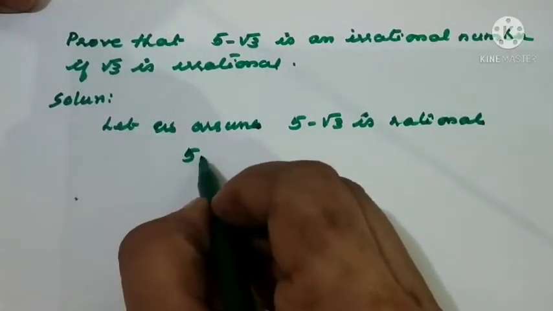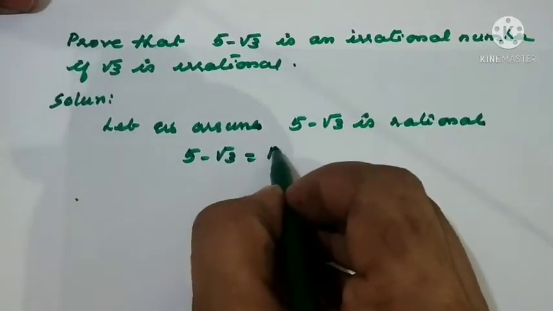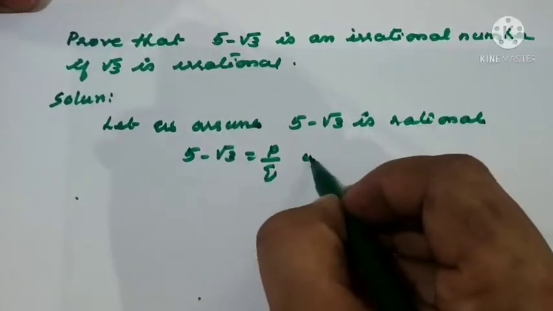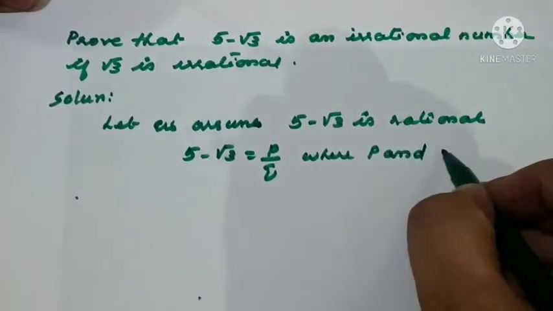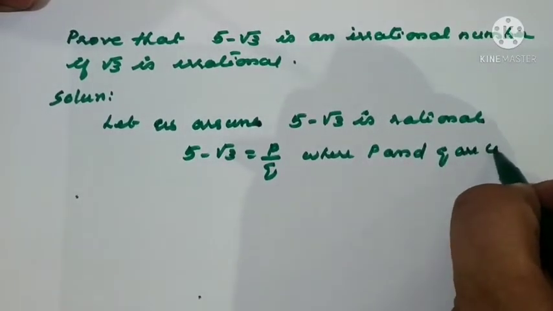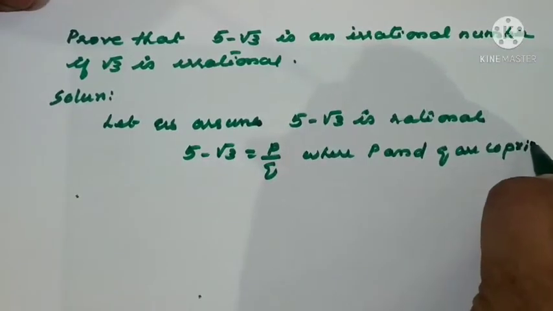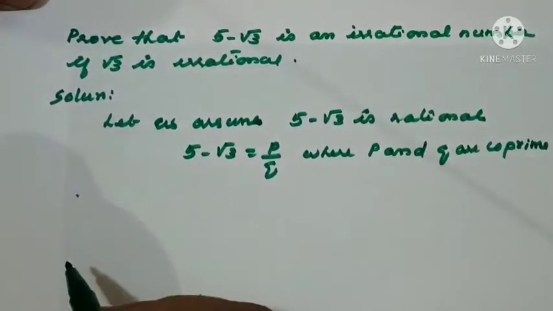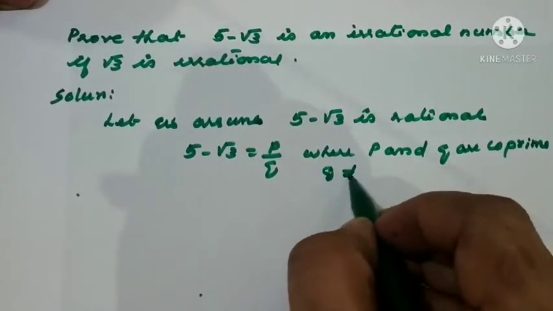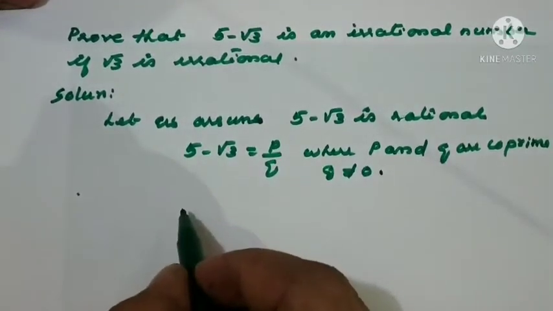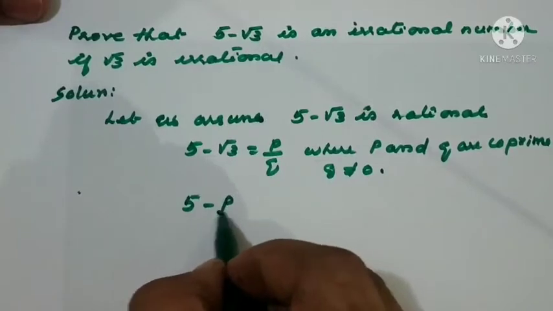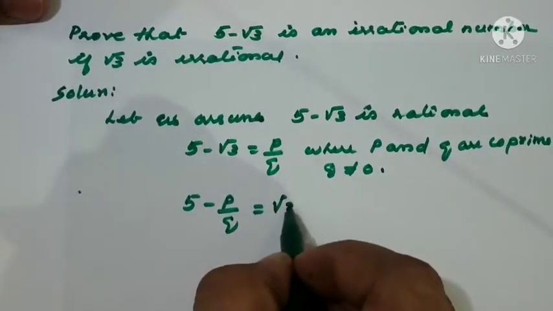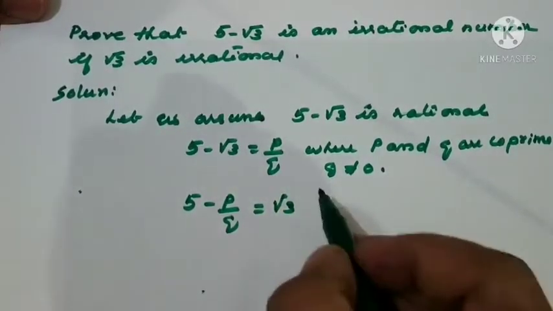So 5 minus root 3 we can express in the form p by q, where p and q are coprime and q not equal to 0. Okay, now what happens here? 5 minus p by q equals root 3. What I have done is taken root 3 to the right side.